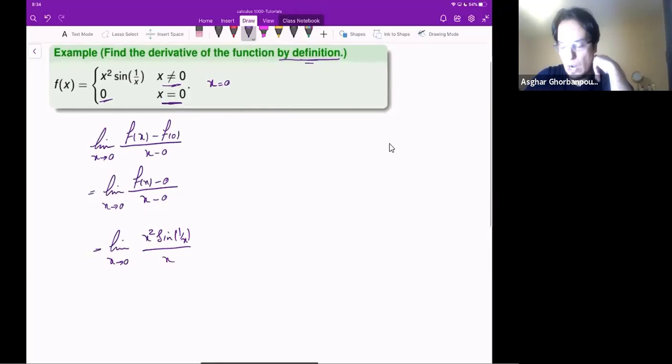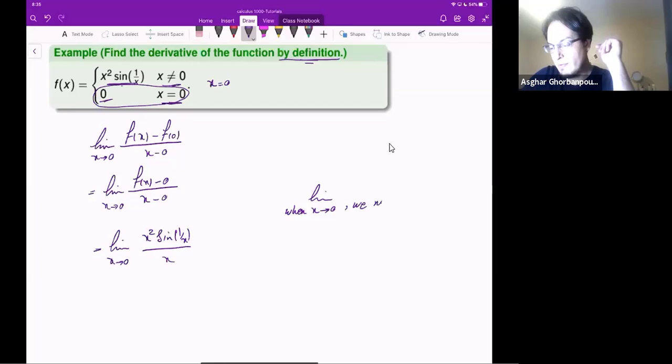You may say, why did you ignore this second part, and while trying to find the limit, you just use this first formula? Well, that is a very good question. And the answer is, when we study the limit of the function as x goes to 0, we never consider the value of the function at 0.